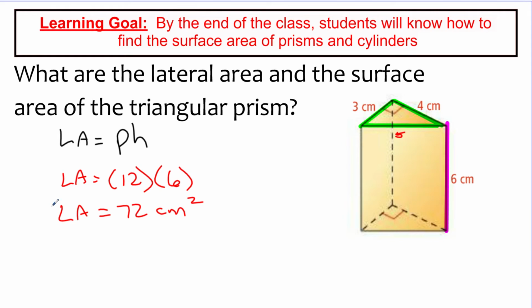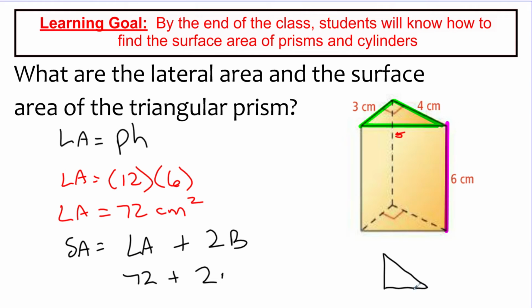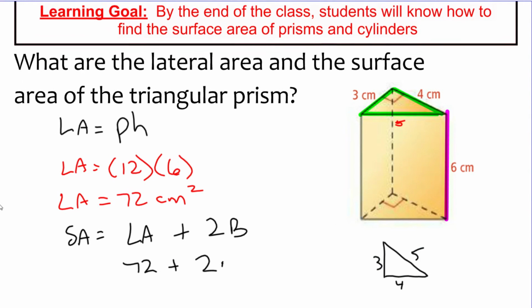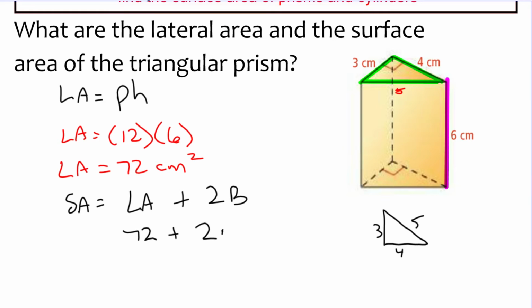Okay, so if they now ask us to find the surface area, we're going to say the surface area is equal to the lateral area plus 2 times the area of the base. Well, the lateral area we just found out was 72. 2 is just 2. The area of the base here, if I pull my triangle out of the picture, had a 3, 4, 5. So let's go to our triangle formula.